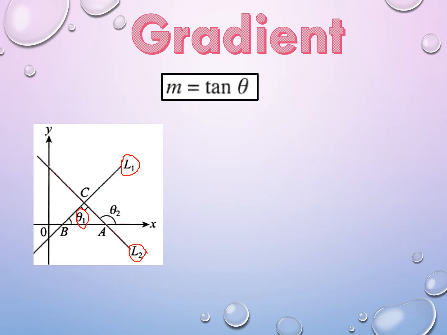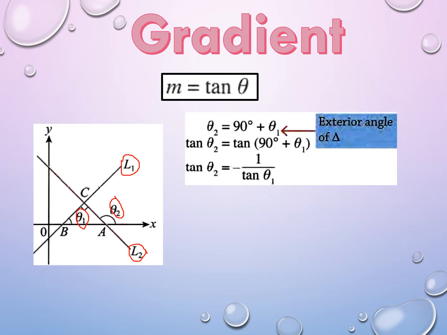Now if the two lines are perpendicular to each other at 90 degrees, what can we conclude about this angle, theta 2? Do you remember? Theta 2 is equal to 90 degrees plus theta 1.